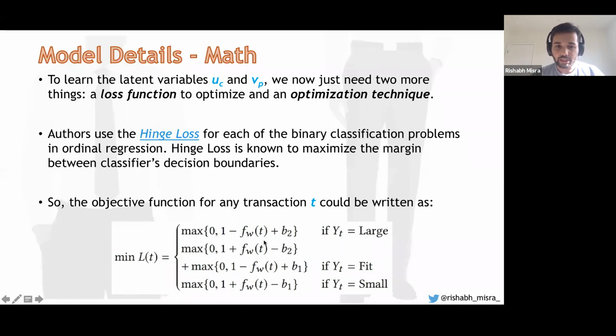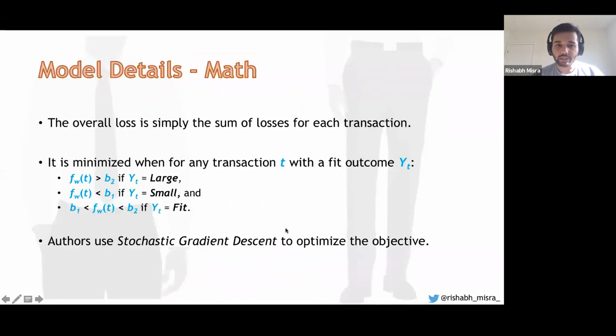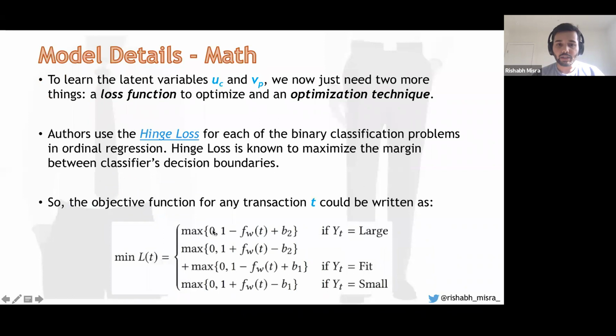So this is a big loss function we have, but essentially what it means is that if some transaction is reported as large, and if the fit score is greater than B2, we'll incur minimal loss here. Similarly, for the small case, if we have a fit score much smaller than B1, we'll incur minimal loss in this section.